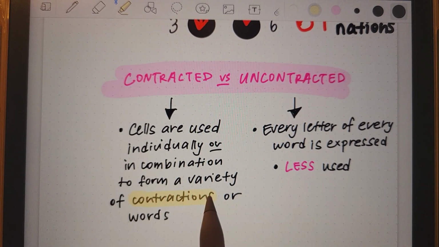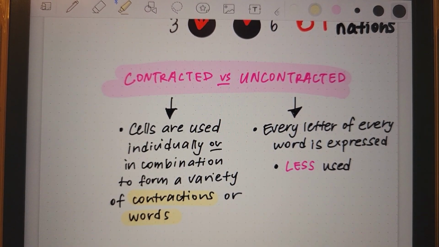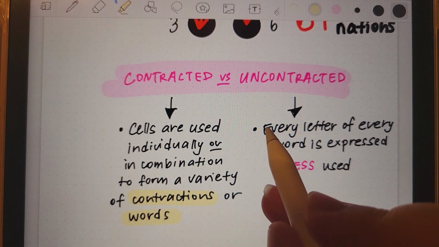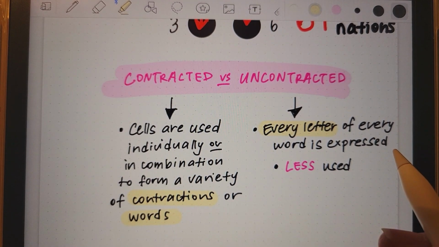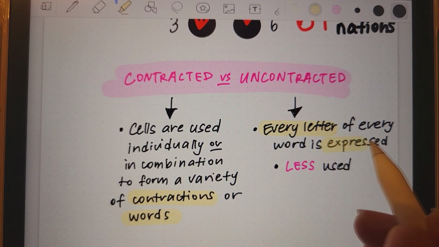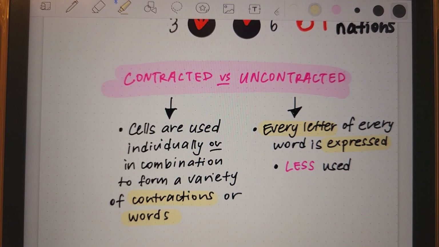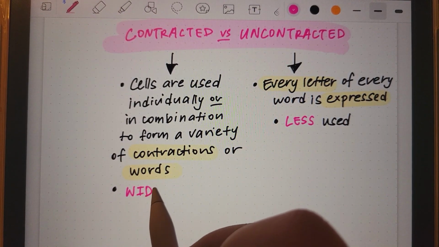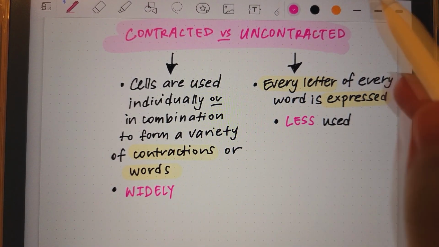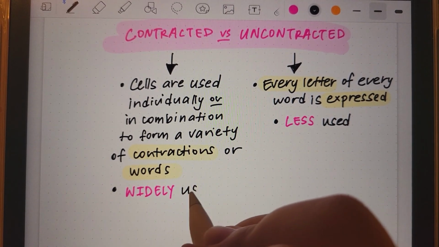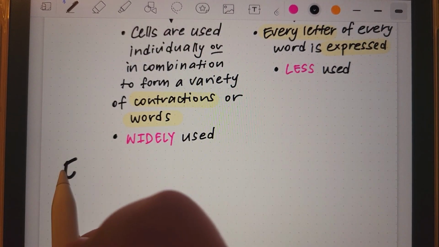Some keywords for contracted is contractions or words, but for uncontracted, every letter is expressed. So contracted Braille is widely used, especially for reading material meant for adults.